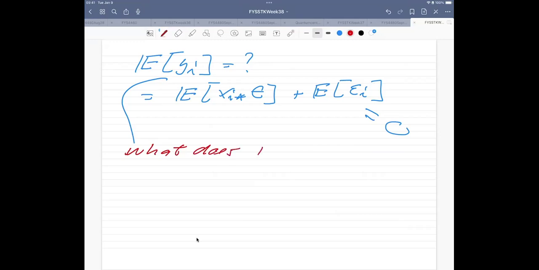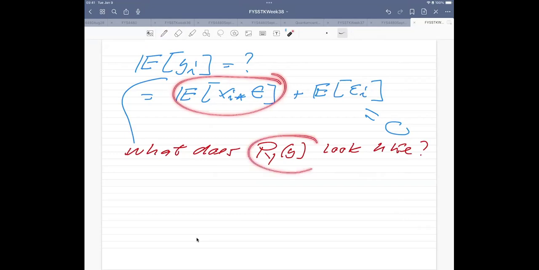What does P of y look like? Now, if you look at this expectation value, this is a probability we are looking after.